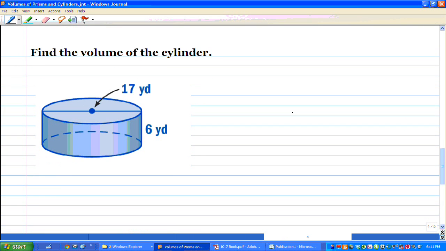All right, for this one, again, it's going to equal the area of the base times the height, just like the other ones, which is pi r squared times height of the cylinder. So this is going to be equal to pi times 1/2 of 17 for r, which is 8.5, squared times the height, which is 6.